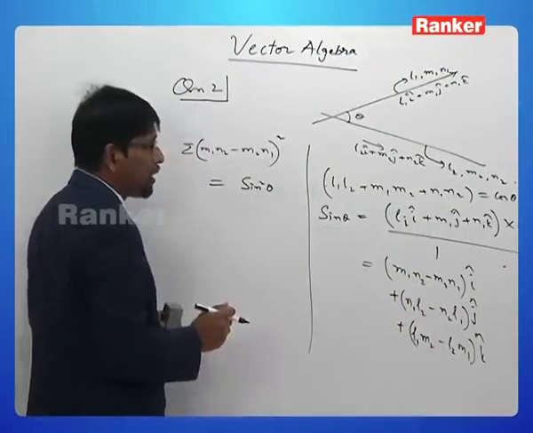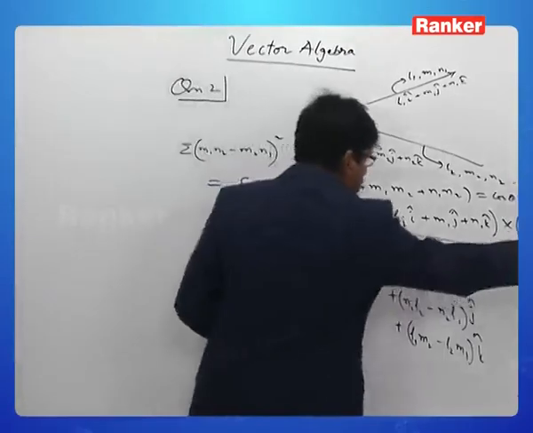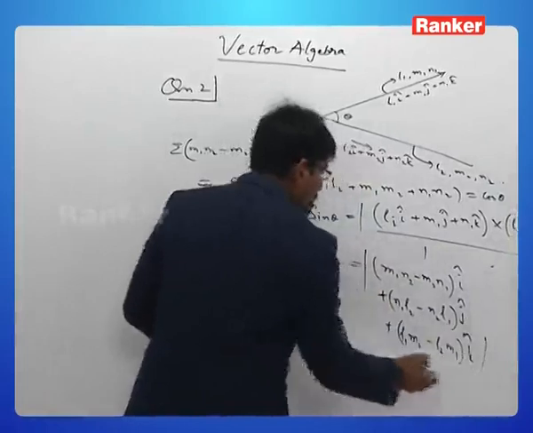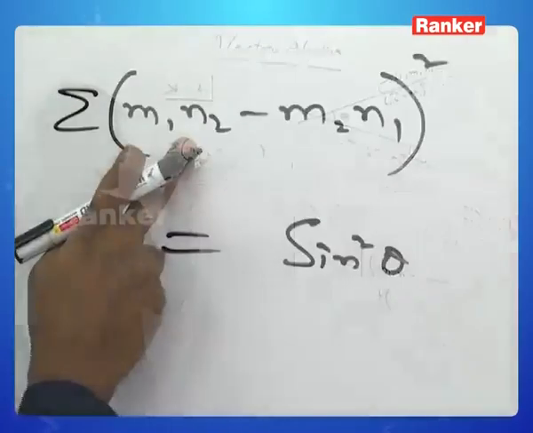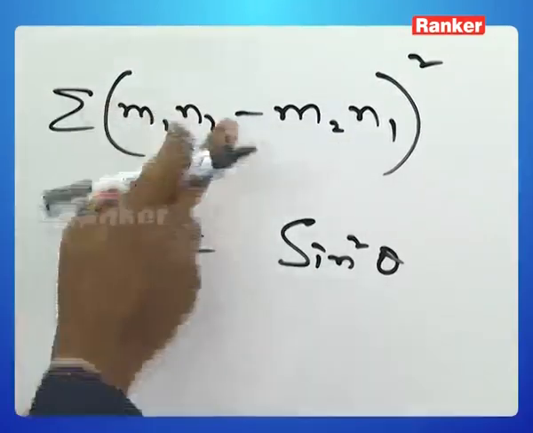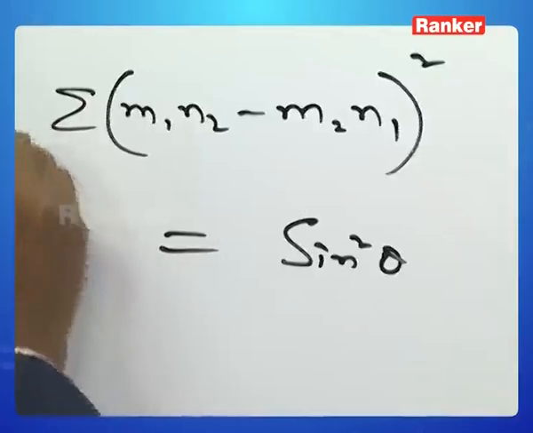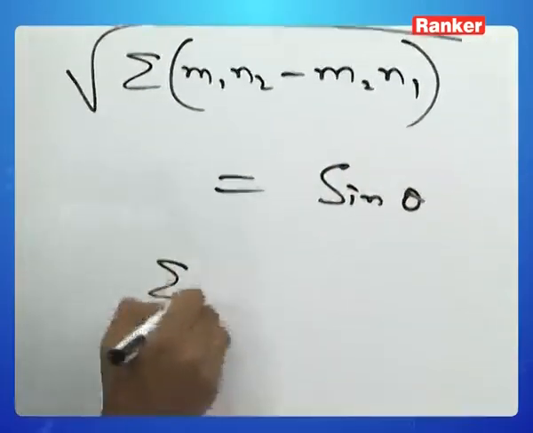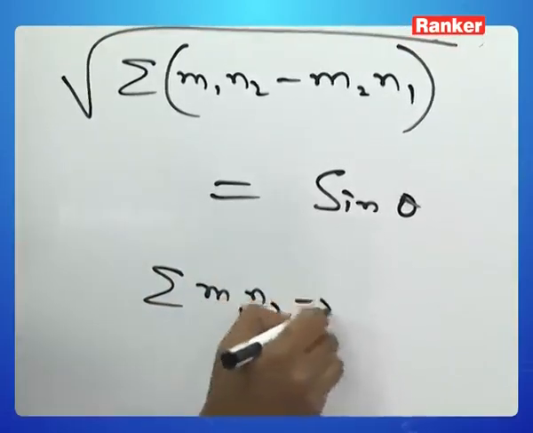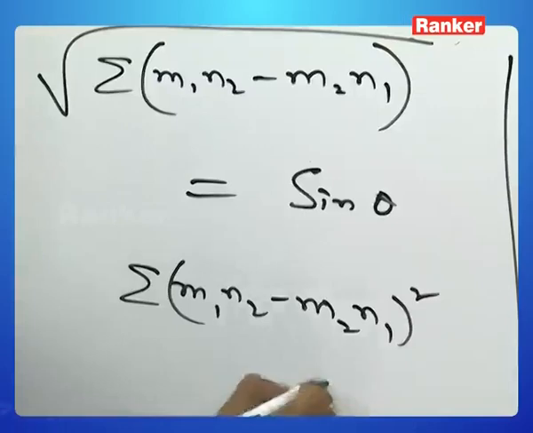Sin theta is given by, in fact, the modulus of it. So the modulus of this is given by the summation of M1 N2 minus M2 N1 the whole square. So the square root of that will give me sin theta, and sin square theta will be sigma of M1 N2 minus M2 N1 the whole square, which is equal to sin square theta.